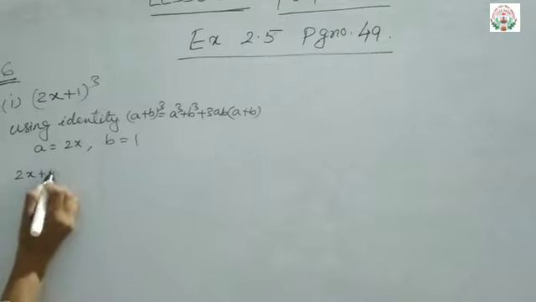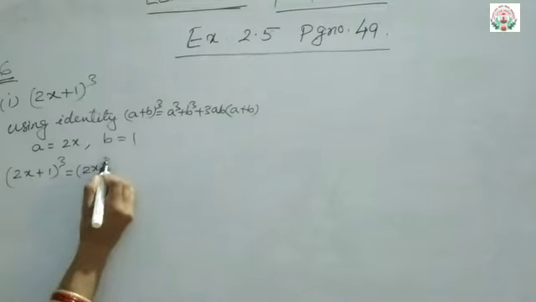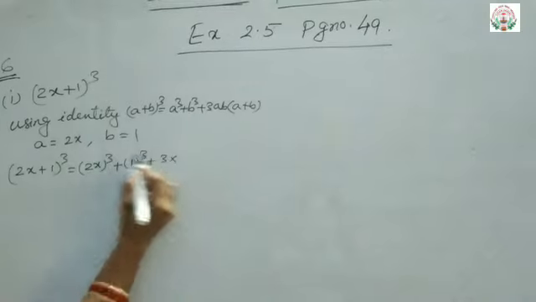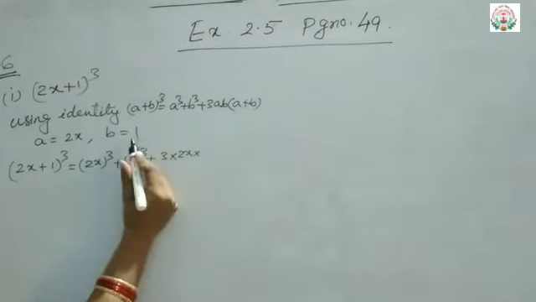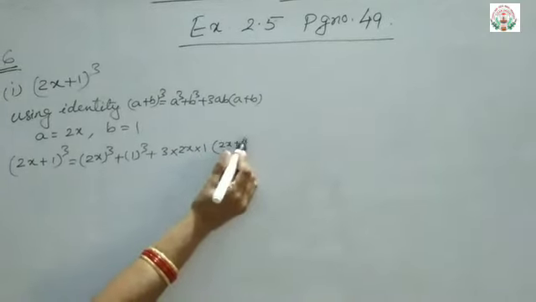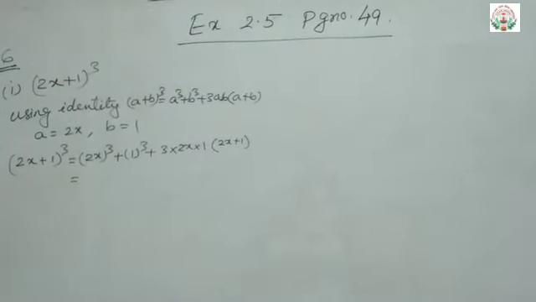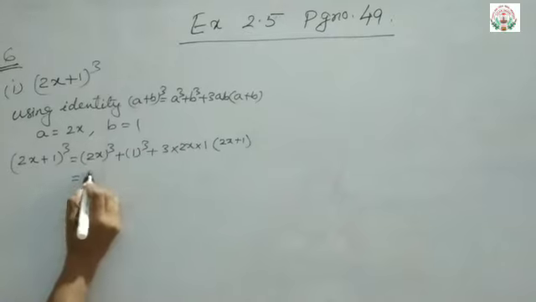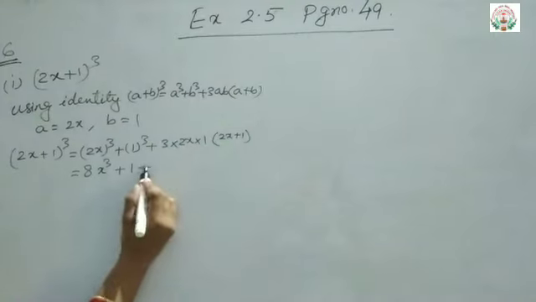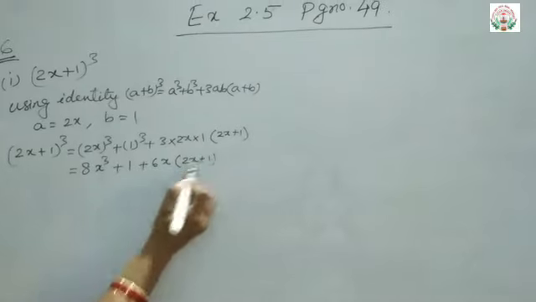That is 2x plus 1 whole cube equals, now what is a cube? 2x whole cube plus b cube, that is 1 cube, plus 3 into a, 2x, into b, 1, within bracket a plus b, that is 2x plus 1. Again, 2 cube is how much? 2 2s are 4, 4 2s are 8, 8x cube plus 1 plus 3 2s are 6x into 2x plus 1.